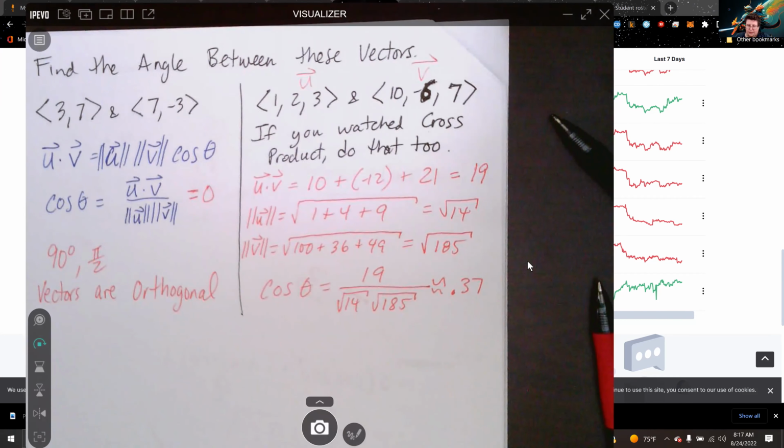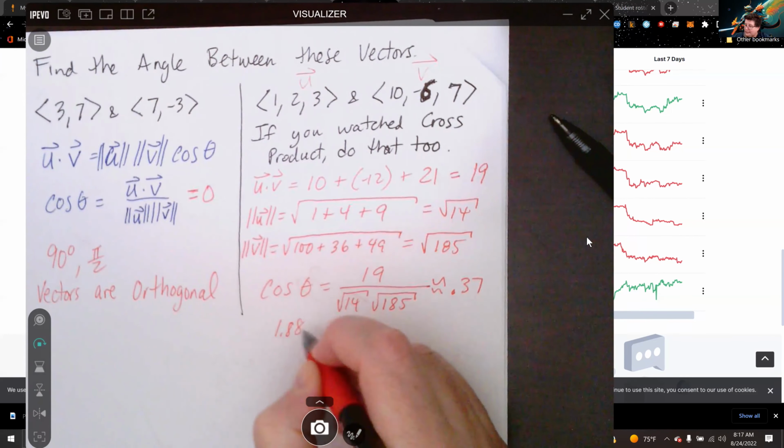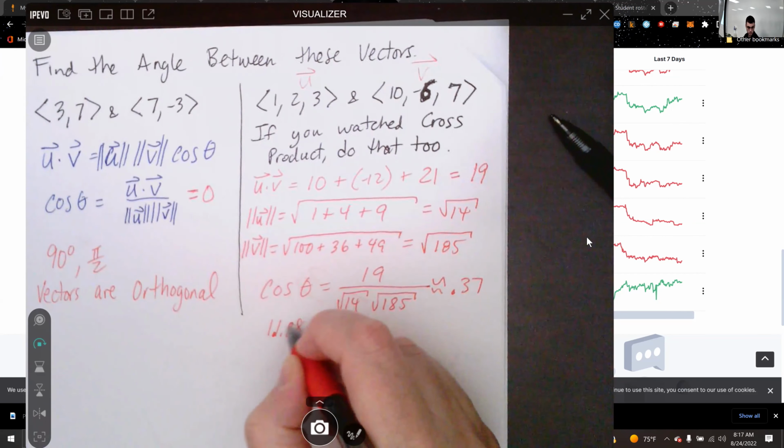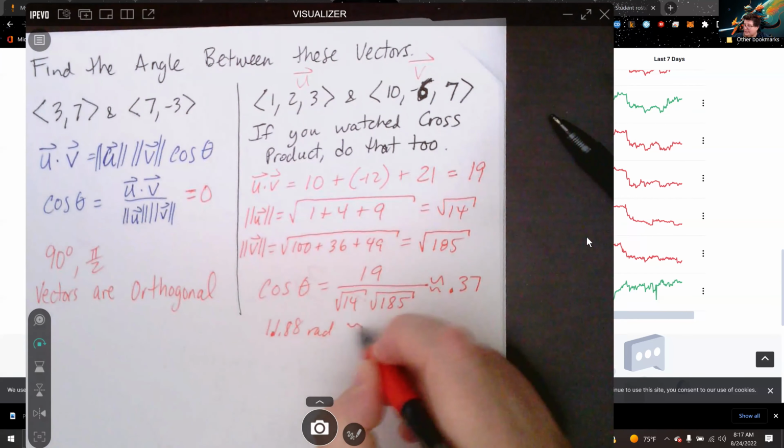I'll just do cosine inverse of the answer. And I'm getting 1.188. I'm guessing that's in radians. 1.188 radians. So times 180 divided by pi is approximately 68 degrees.